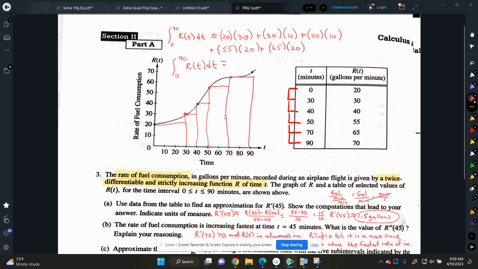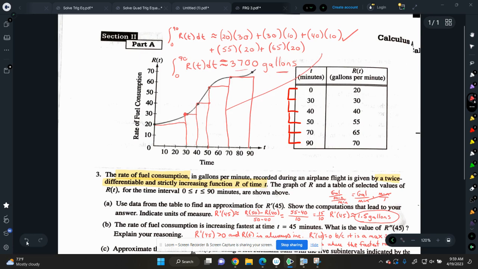What is it? 3,700. Okay, now what's the unit? Gallons, yes. So you're probably going to get a point for setting this up and for writing approximately. You're going to get a point for the answer, and you're going to get a point for having the correct unit. Okay?